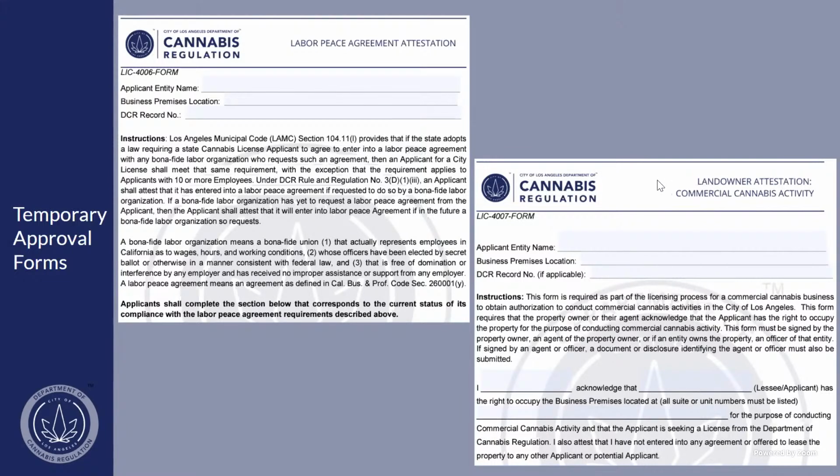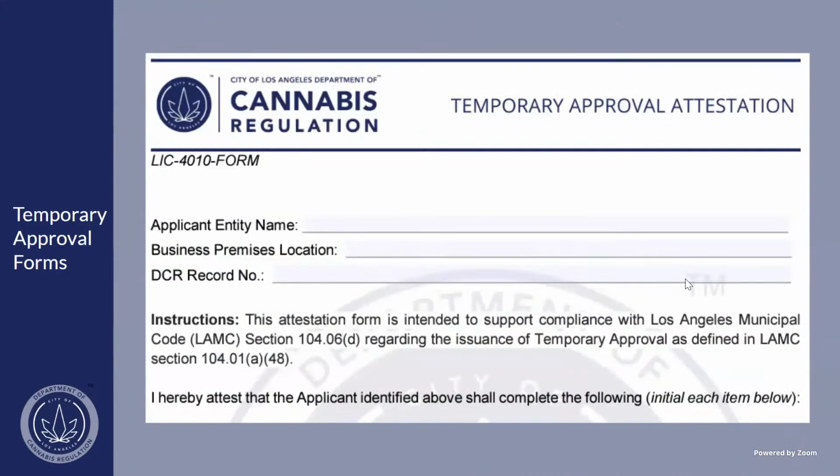We do have the landowner attestation that is acknowledging that you, as the lessee or an applicant, have the legal right to occupy the business premises location and engage in the commercial cannabis activities that you're applying for. The temporary approval attestation is you're attesting that you understand the requirements and you meet all of the requirements for temporary approval.